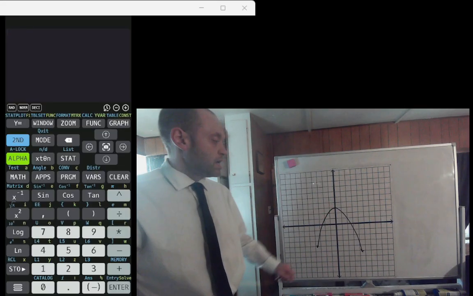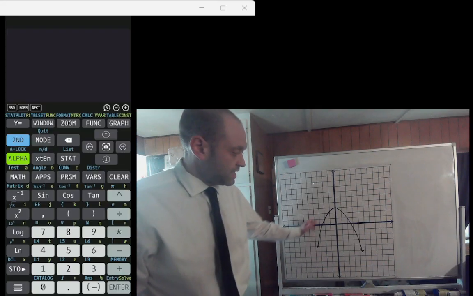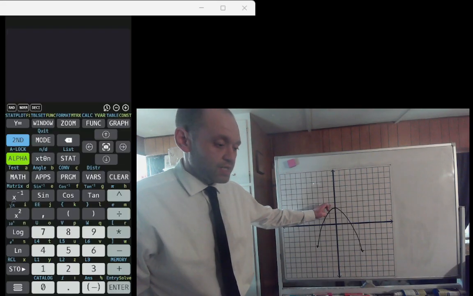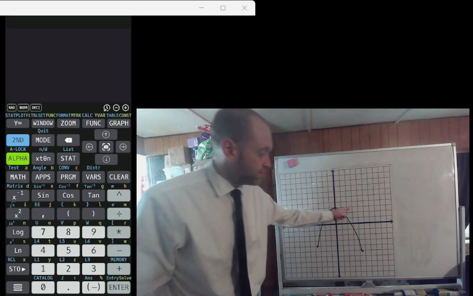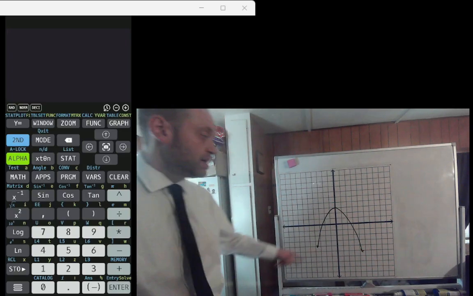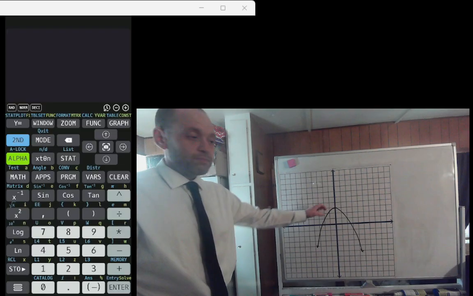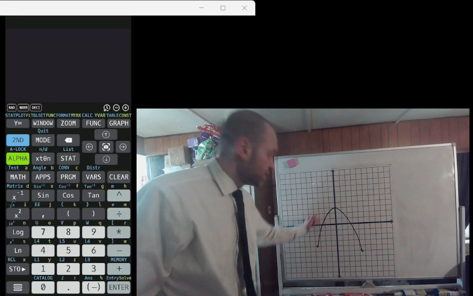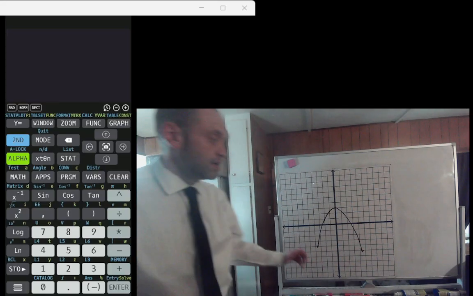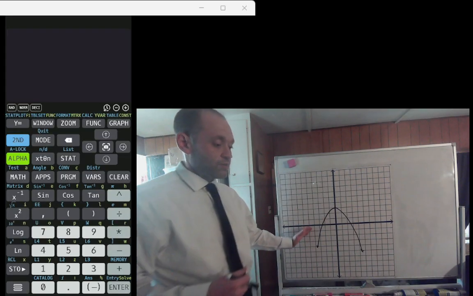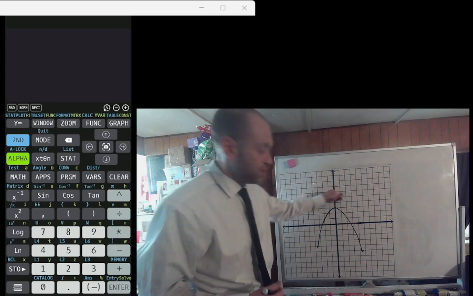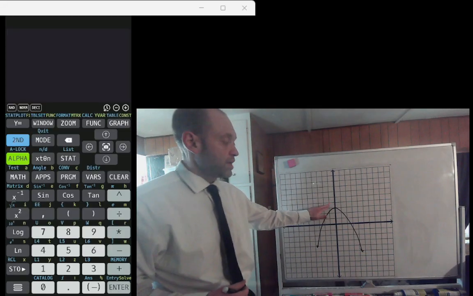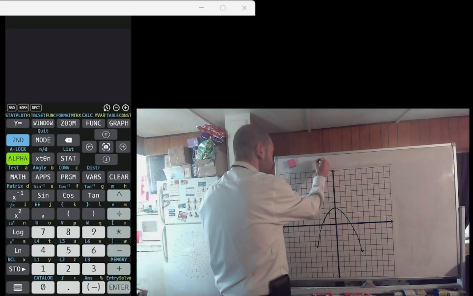From negative infinity to 0, I'm increasing. And then from 0 to infinity, I'm decreasing again. If you're at the top of a hill, in other words, going from increasing to decreasing, you can think of this like a roller coaster. You're going up the hill and then down it. This is a relative or local max.